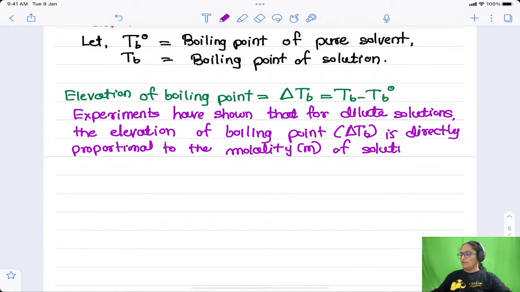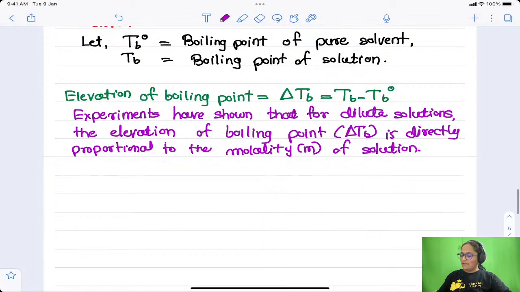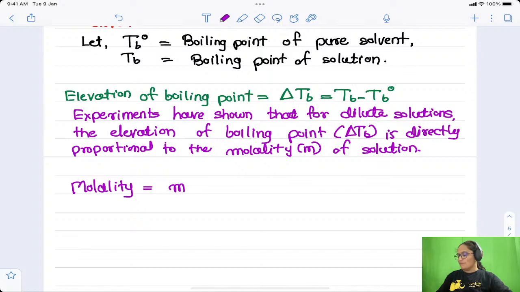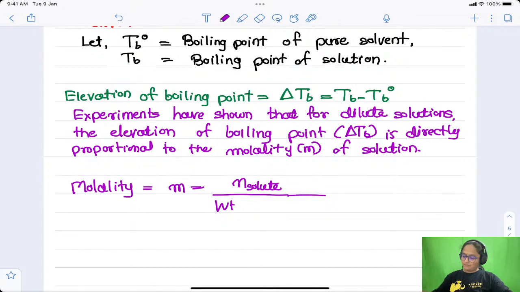What is molality? We know that molality, not molarity, small m, is equal to the number of moles of solute, n stands for number of, these formulas we have already discussed, divided by the weight of solvent in kg.